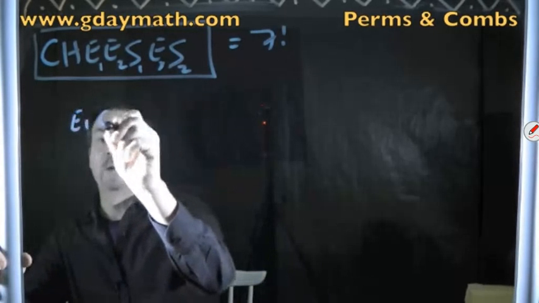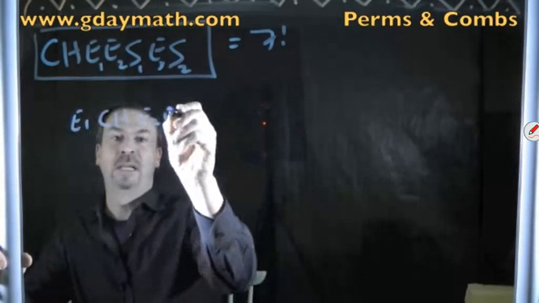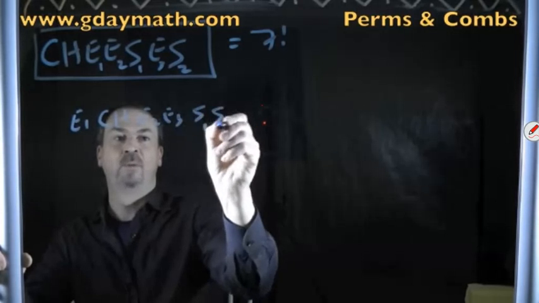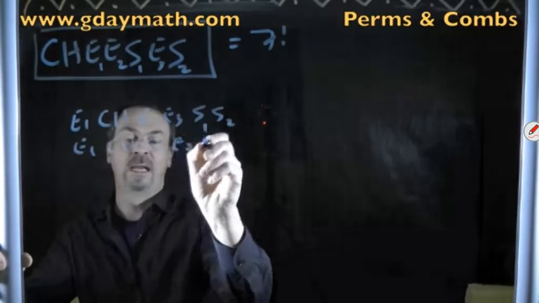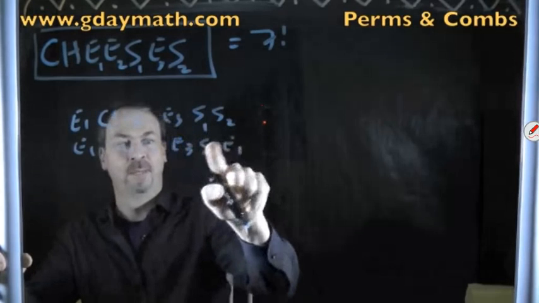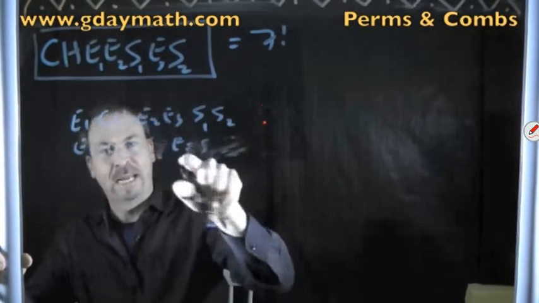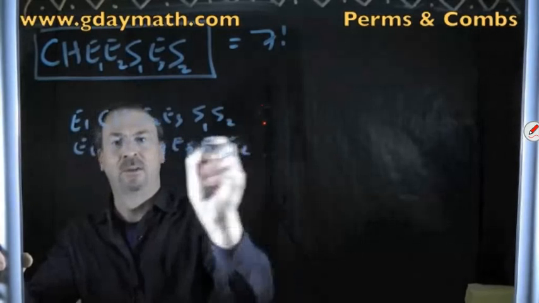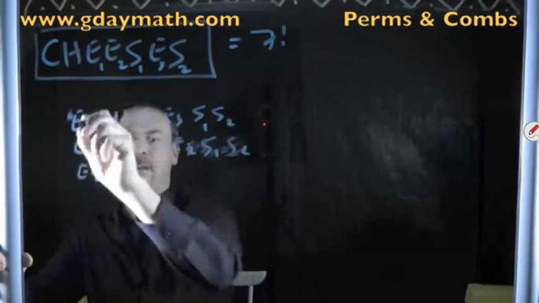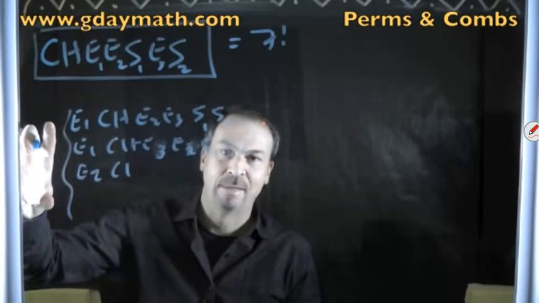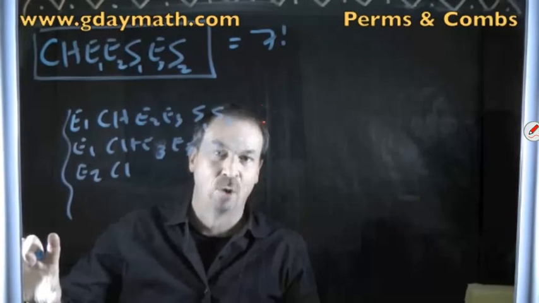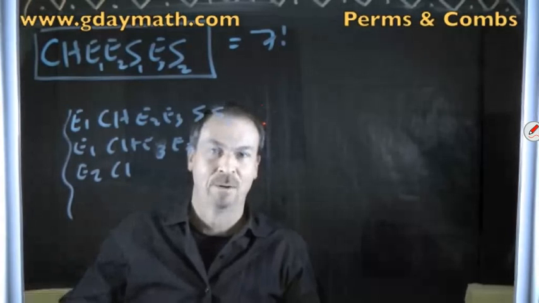Get me one answer: E1, C, H, E2, E3, S1, S2, or E1, C, H, E2, E3, S2, S1. Oops. Change the E's: E3, E2, and so on. It's going to be a group of 6 of all the ways to rearrange the E's within that. Another group of 6 of all the ways to rearrange the E's within that, and so on.